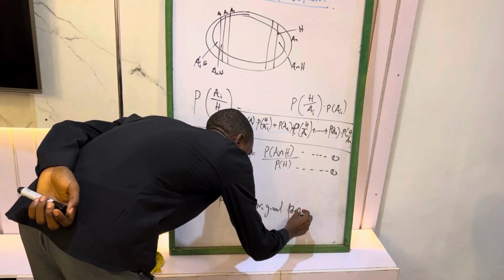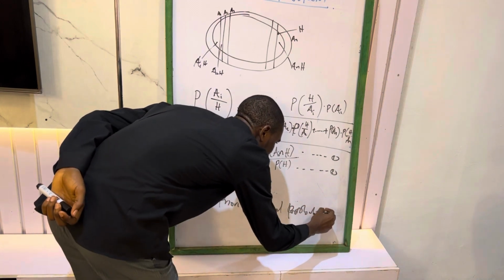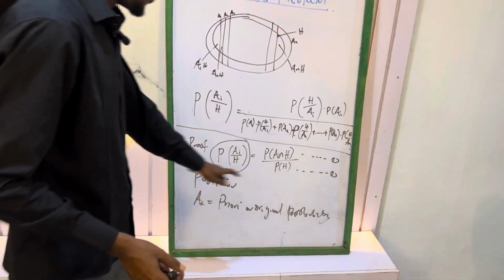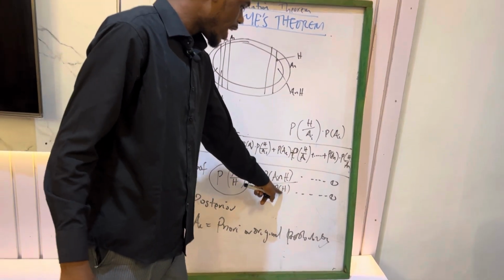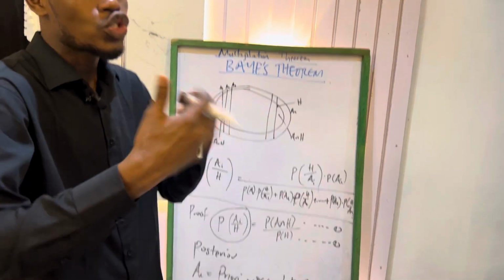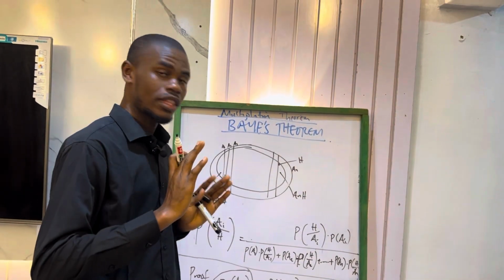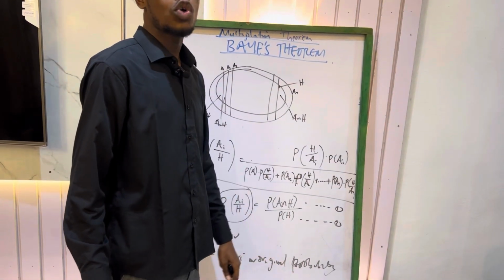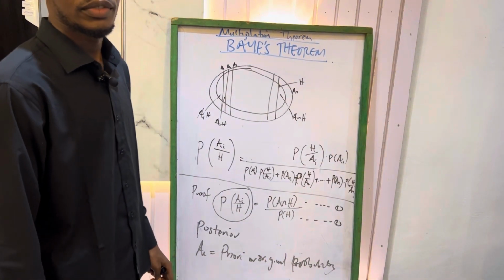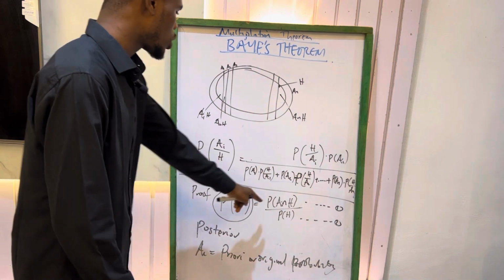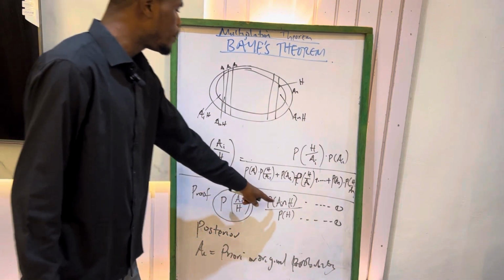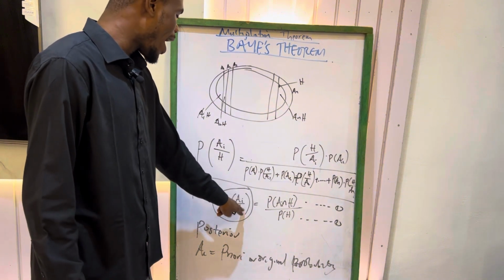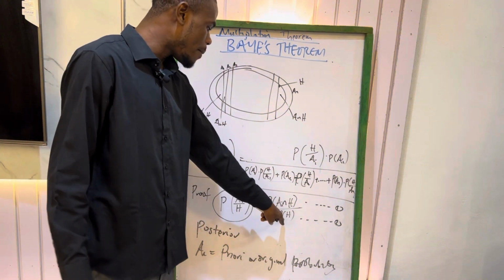Please don't mind my handwriting. Original probability. Why this H? The H itself is the sum of mutually exclusive events. Why this Ai intersect H? It is called joint probability, because if we cross multiply, P(Ai intersect H) will be equal to P(Ai given H) multiplied by P(H).